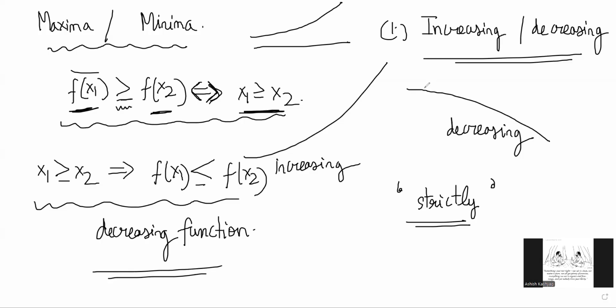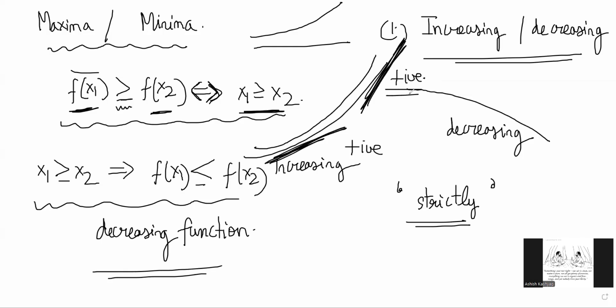You can see here that the graph of an increasing function is like this, and the slope of the tangent is always positive. This is positive slope, this is positive slope. What I meant was the slope of the tangent is always positive. If the slope is positive, then the function is increasing in that region.